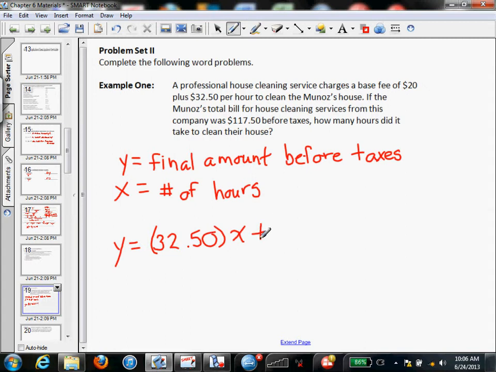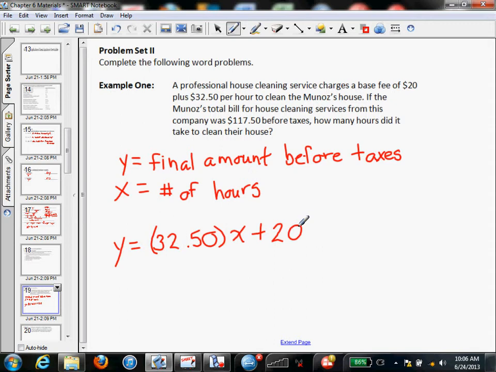Then no matter what, if they're there for 30 minutes, an hour, 50 hours, they're going to charge $20 flat. So we have to add that into the amount before taxes. Okay, so we've built an equation from this practical everyday problem.